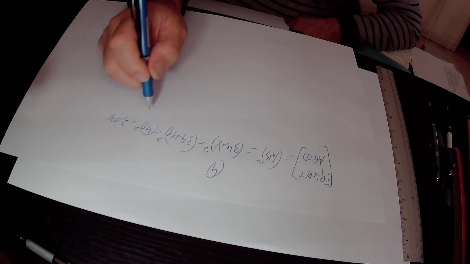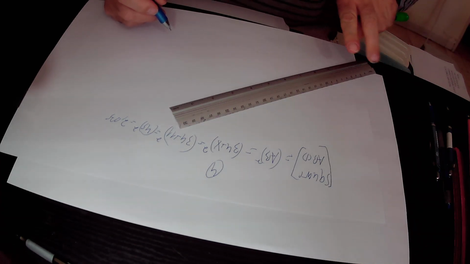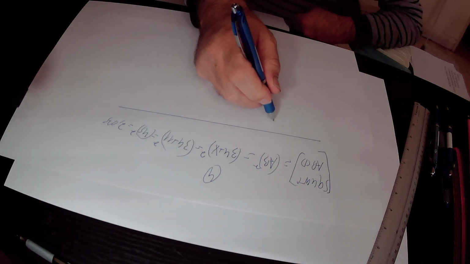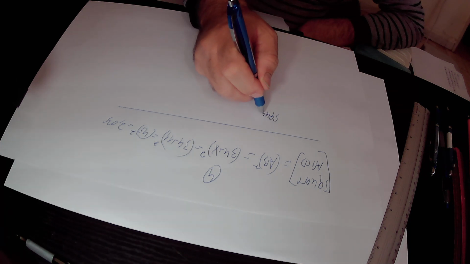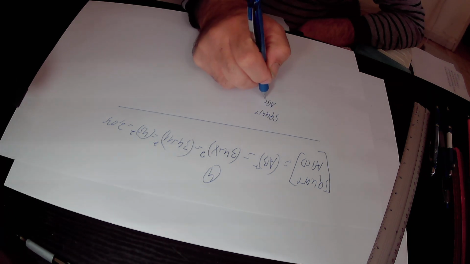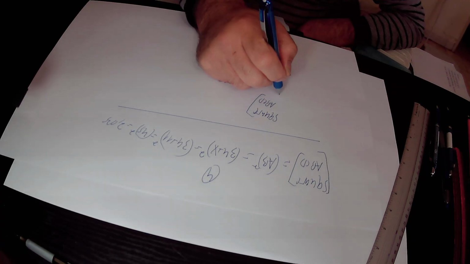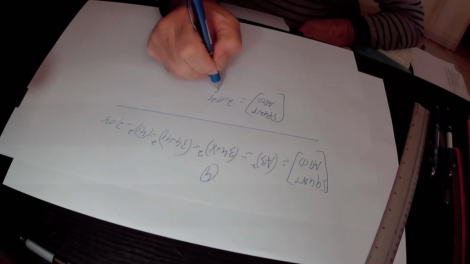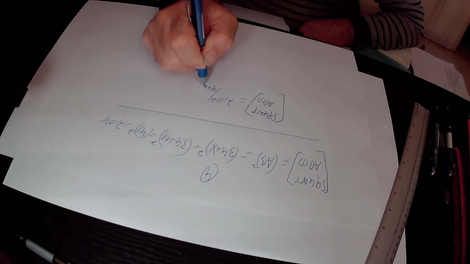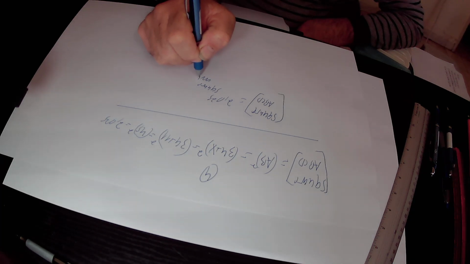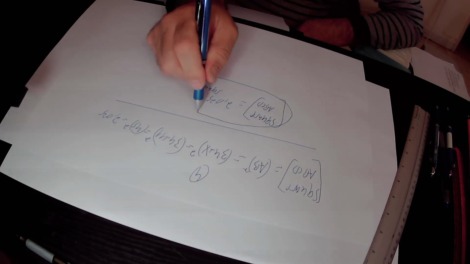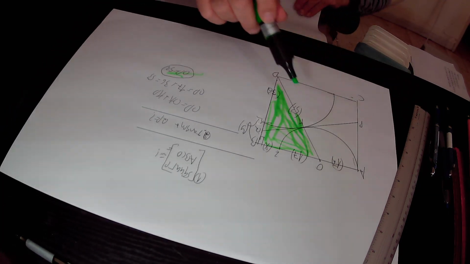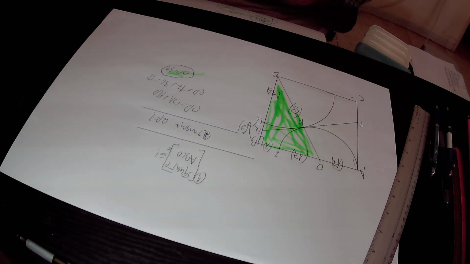45 squared is equal to 2025 square units. So in total, we found that the area of square ABCD is equal to 2025 square units in size.